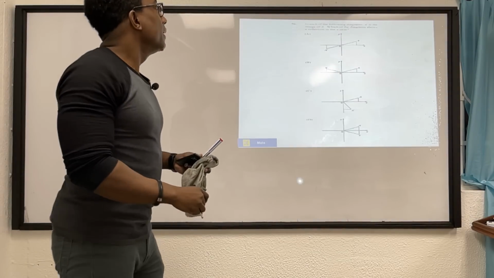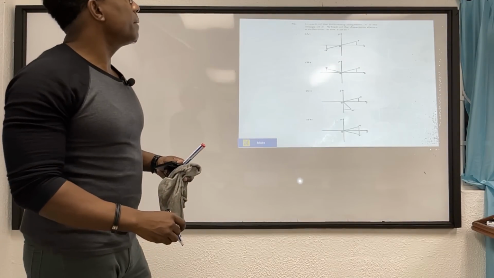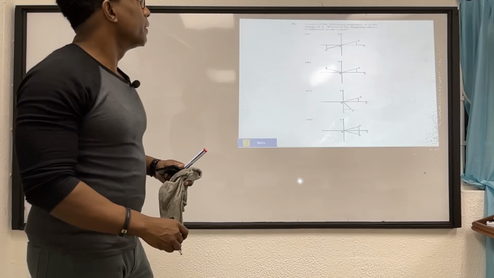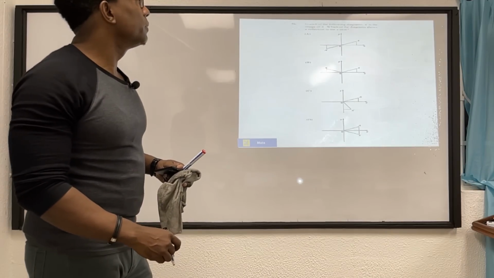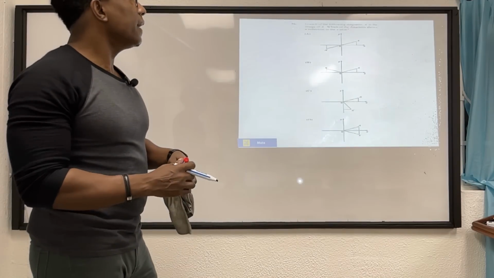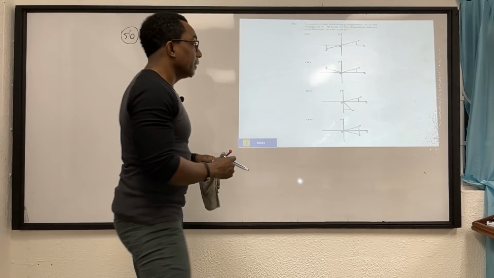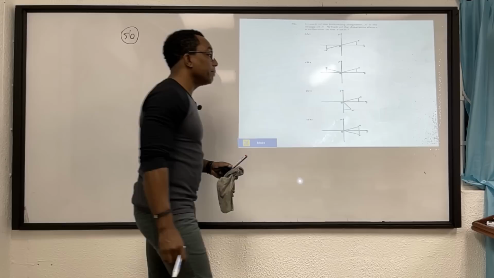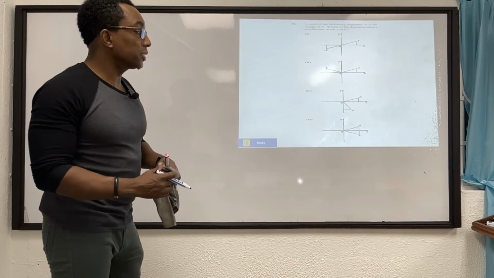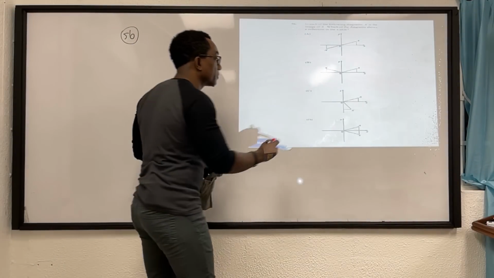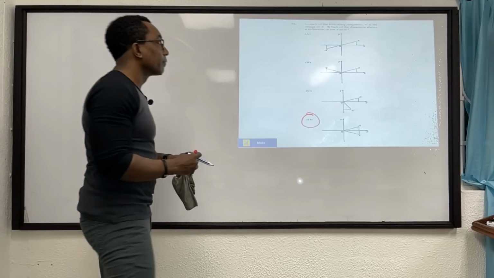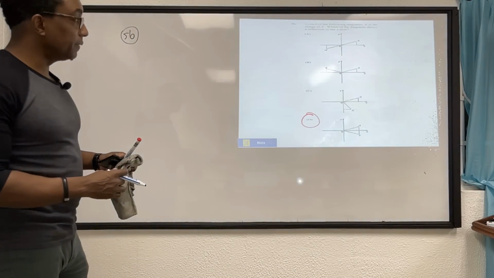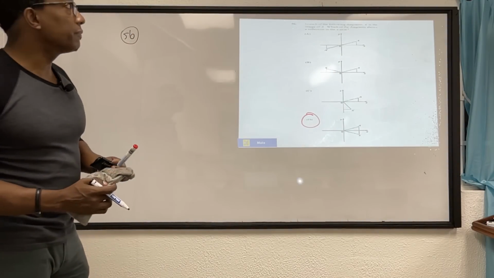Question 56: in the following diagram, A prime is the image of A. Which of the following diagrams shows a reflection in the x-axis? We have A being the object and A prime being the image. So the reflection taking place about the x-axis will be D. So our answer for question 56 will be D, pretty straightforward.